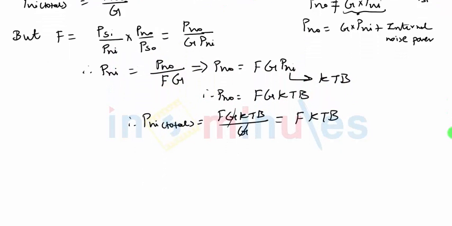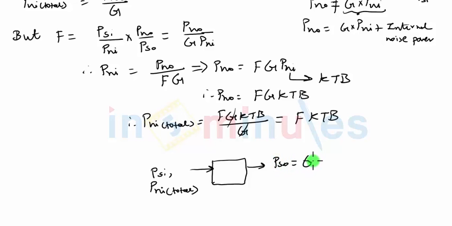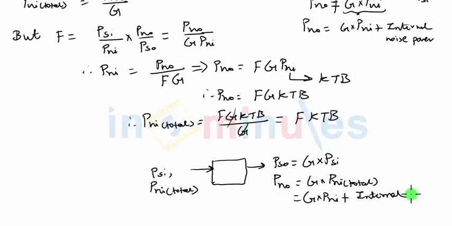So that means I can consider an amplifier and simply say that at the input of this amplifier there is some signal power present, and the noise present is no longer PNI, it's PNI total. The output signal power PSO will be equal to G times PSI, and the output noise power will be G times PNI total, which is exactly the same as G into PNI, the original noise power, plus the internal noise power of the amplifier.